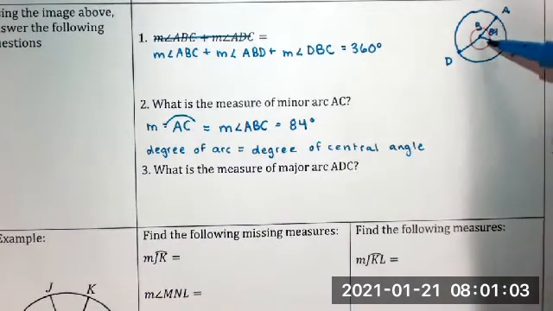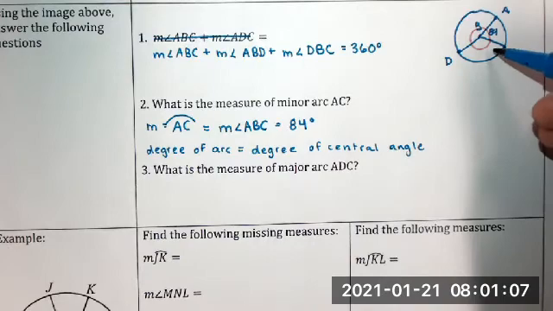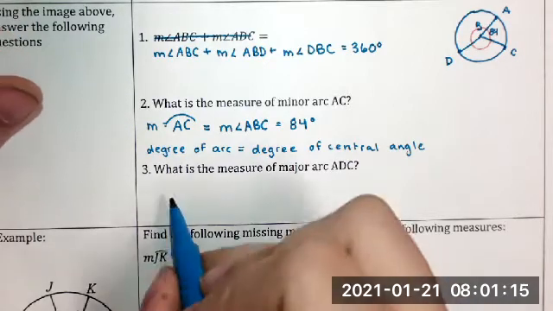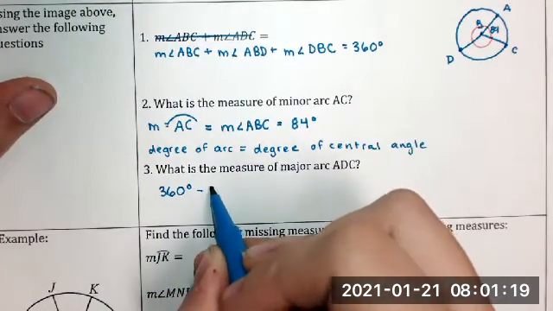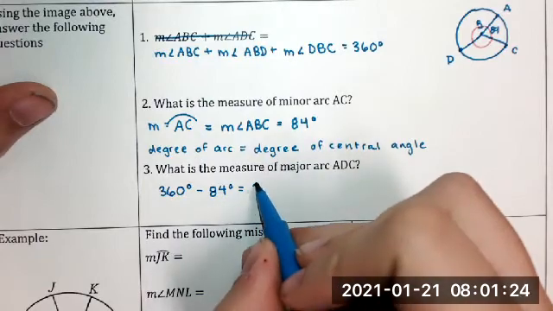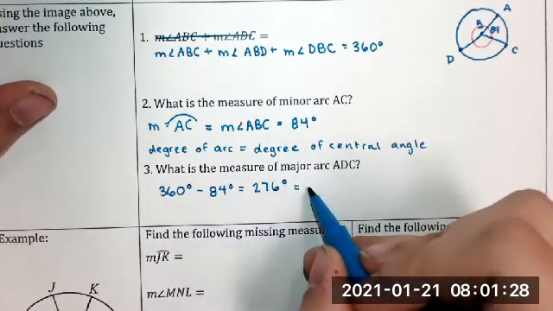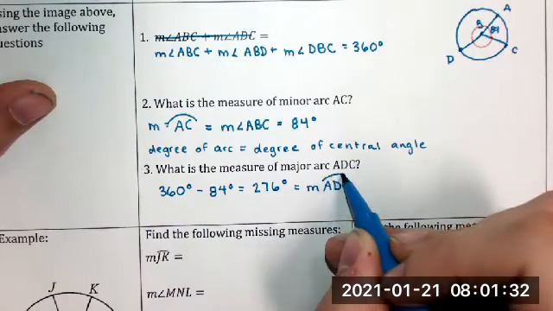If I take 84 degrees out of this circle and I know the total is 360, all I have to do is 360, take away the one piece we took, 84, and we will get the rest of that circle. So 360 minus 84 will give us 276 degrees, and that would be the measure of that major arc, ADC.